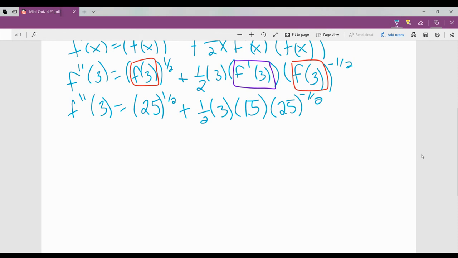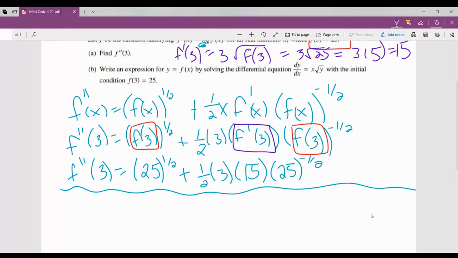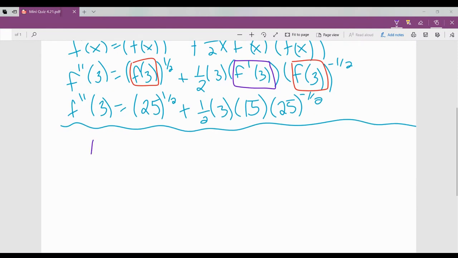All right, so I'm going to separate the variables by multiplying by dx and dividing by the square root of y.